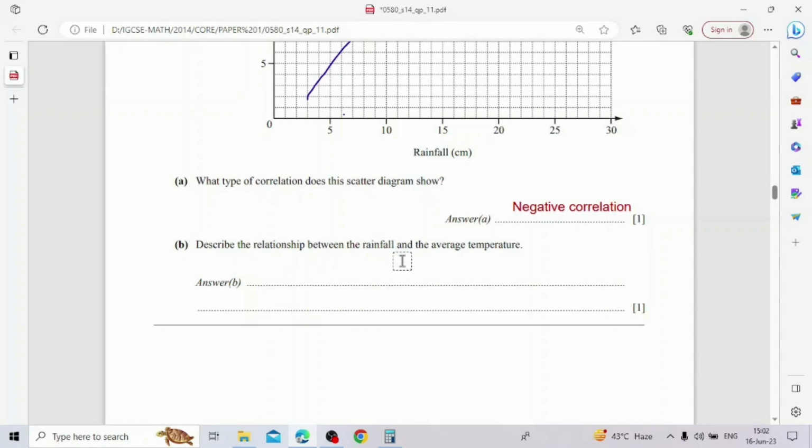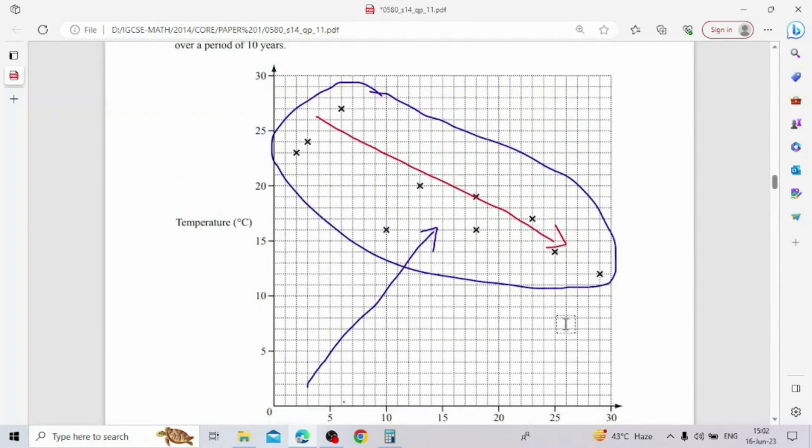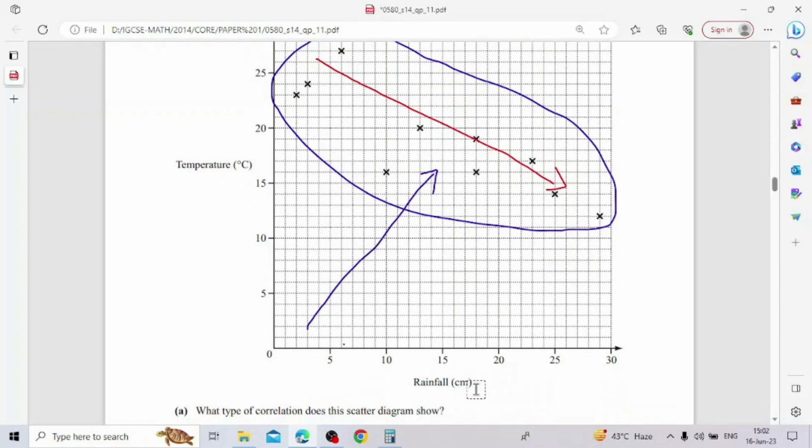Describe the relationship between the rainfall and the average temperature. If you see, the rainfall is increasing perfectly, and the temperatures are dropping, you see here.